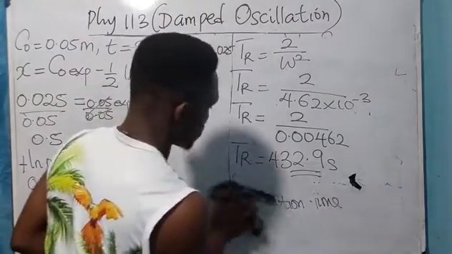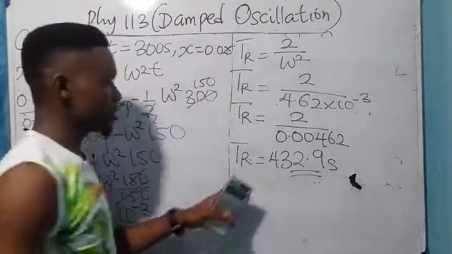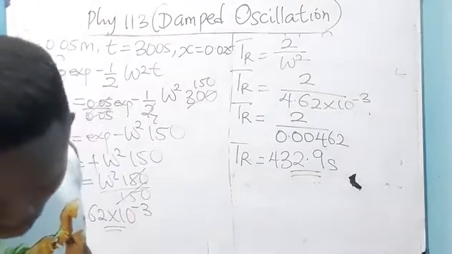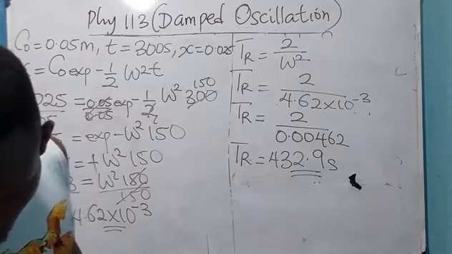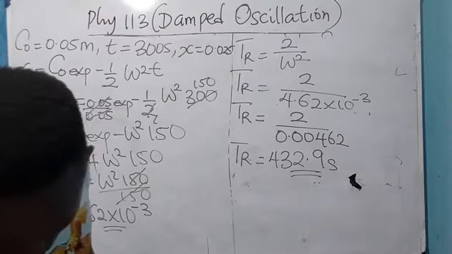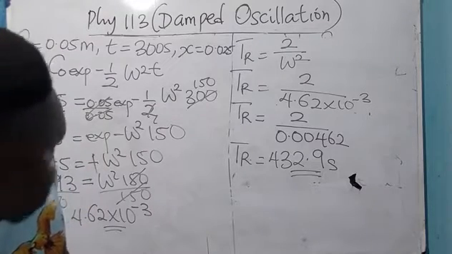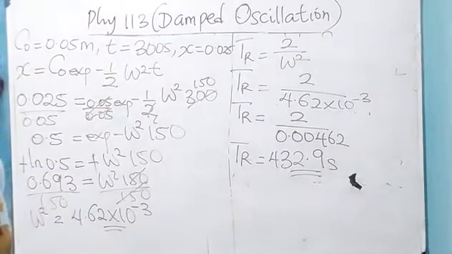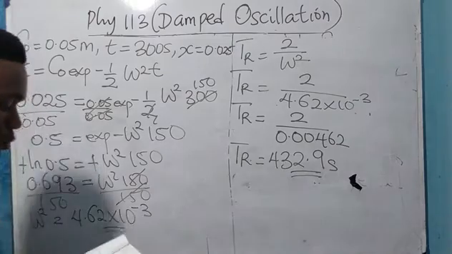So the relaxation time is 432.9 seconds. Let me check what they got, because sometimes it shocks me. 432.9 seconds. So it is very, very correct. Now the next question is this.